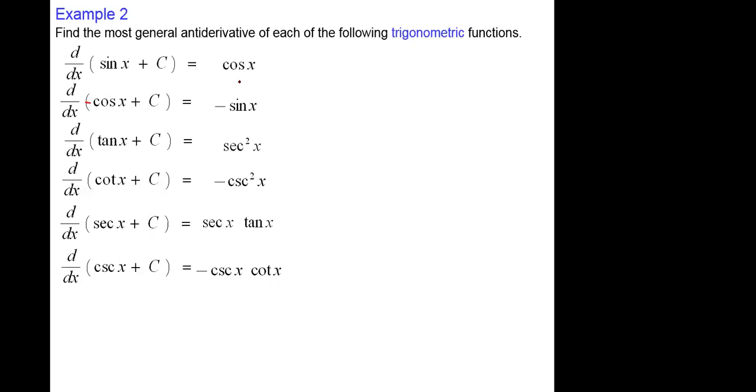For the antiderivative of sine of x, I will most likely not give you negative sine. I will give you positive sine of x. We can see that the antiderivative for sine of x is negative cosine. The antiderivative for cosecant squared of x is negative cotangent. The antiderivative for cosecant cotangent is negative cosecant.